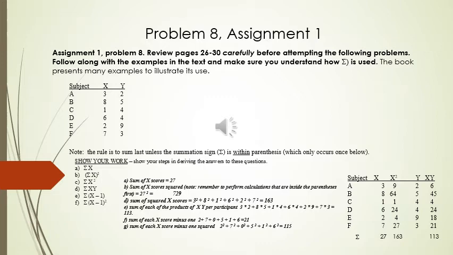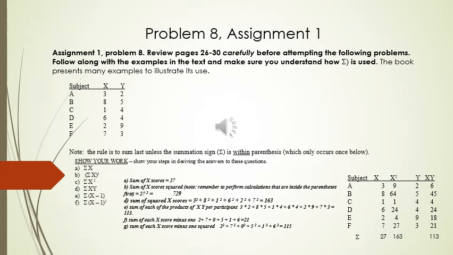That's the product of x and y. 8 times 5 is 40, 1 times 4 is 4, 6 times 4 is 24, 2 times 9 is 18, 7 times 3 is 21, and then I sum them all up and I get 113. So that's my answer to D.